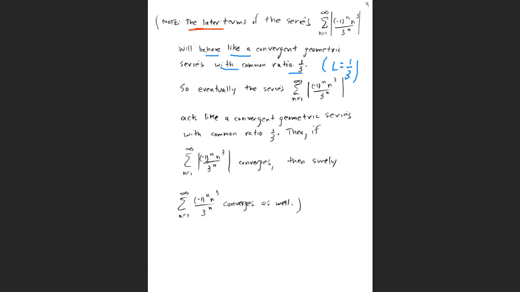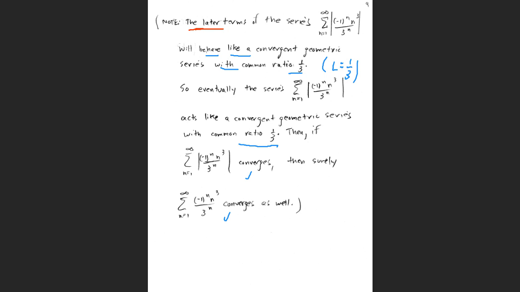So eventually the series where we have the absolute value of the terms will act like a convergent geometric series with common ratio of a third. Well, if that series converges, then our series converges as well by absolute convergence.